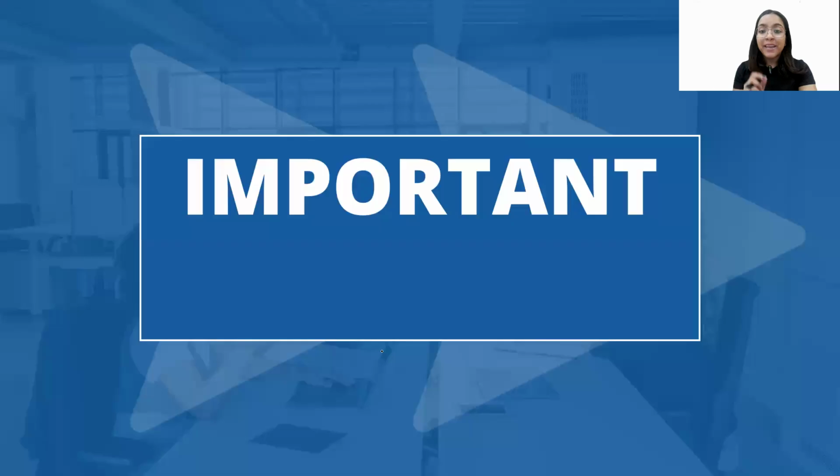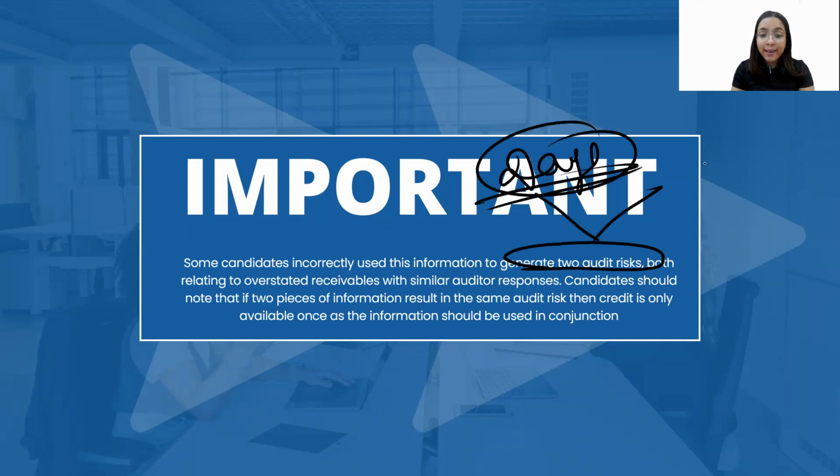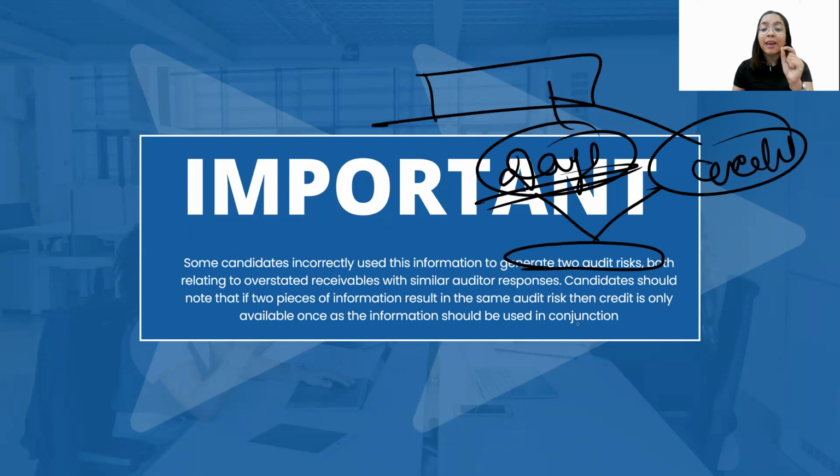The examiner has clearly said in the report that some candidates incorrectly use this information to generate two audit risks, first the days and second the credit controller, when both were giving the same audit risk, the overstatement of receivables. Make sure you identify such things. You are not trying to fool the examiner by dividing it into two points. Please don't make this mistake. This is very, very important.